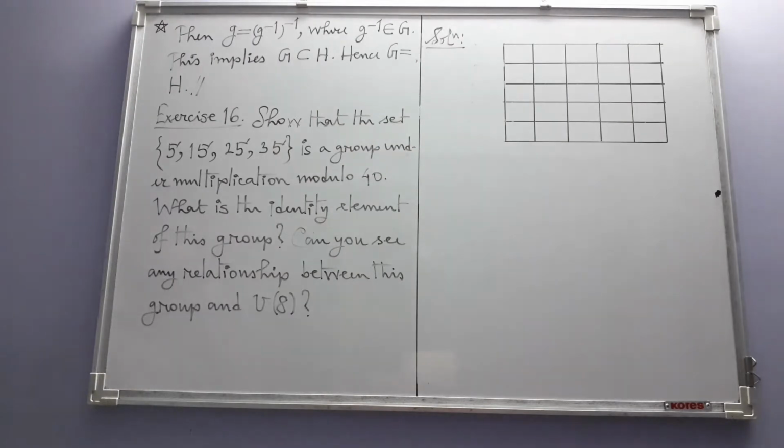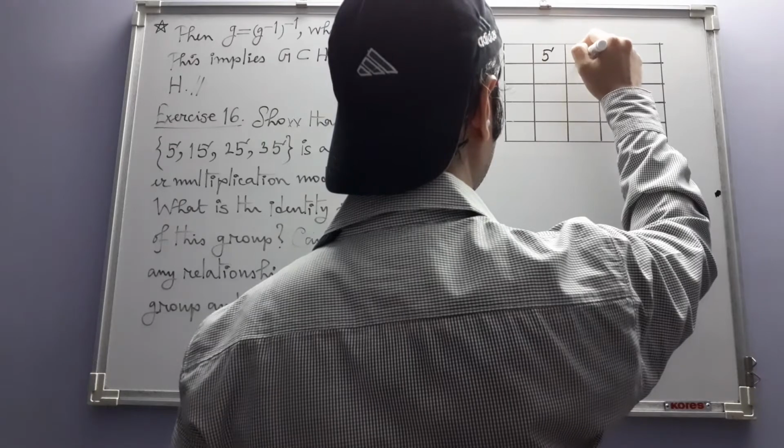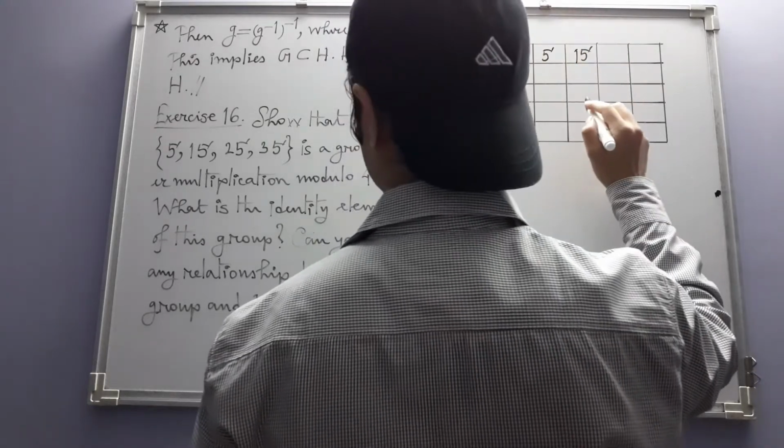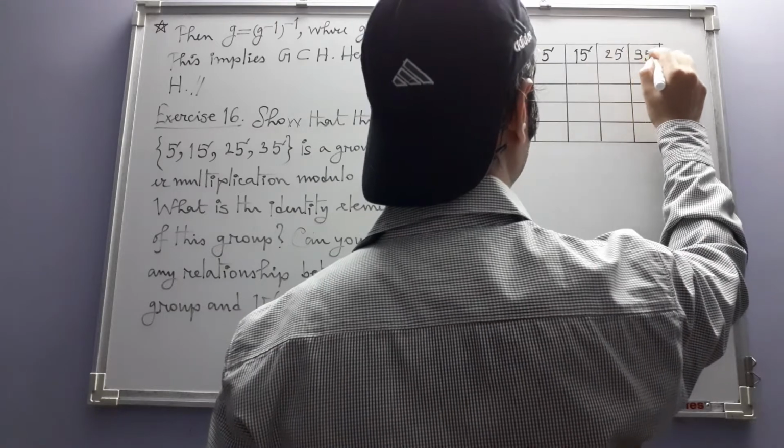Okay, now the elements we have are these: 5, 15, 25 and 35.